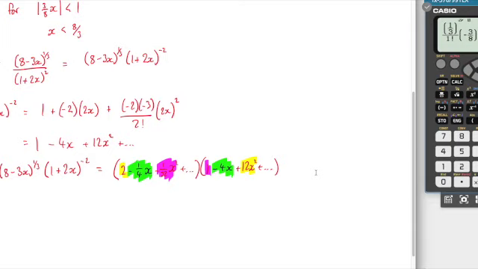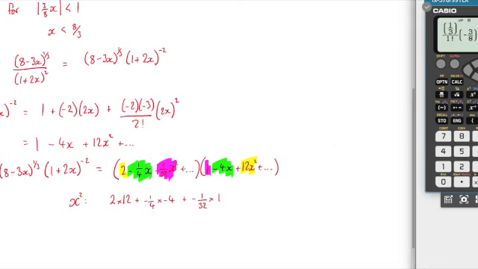So I'm going to have 2 times 12. So this is my x squared term. 2 times 12 plus minus a quarter times minus 4 plus minus 1 over 32 times 1, which is 799 over 32.